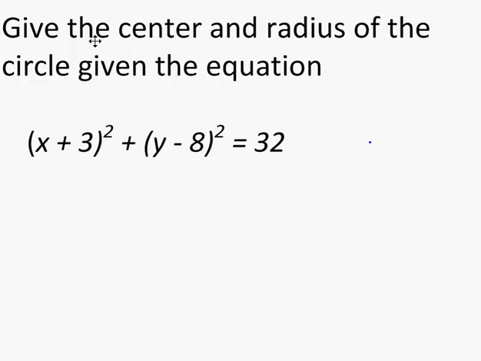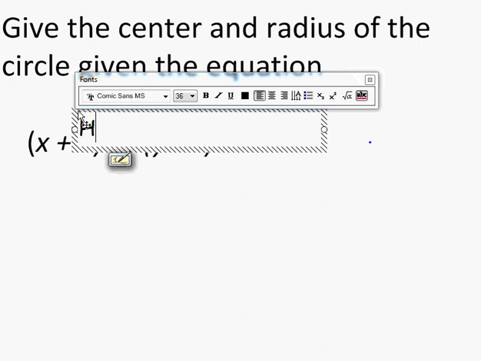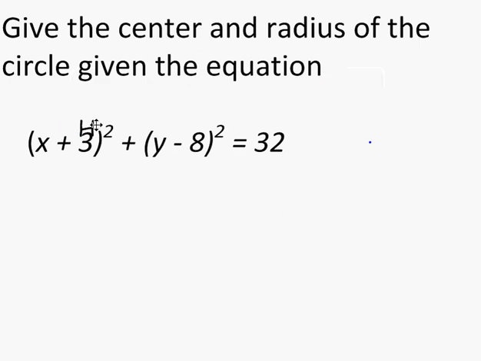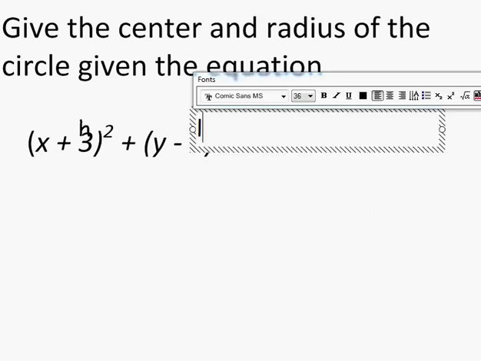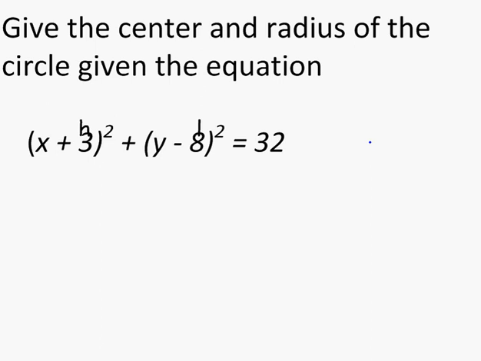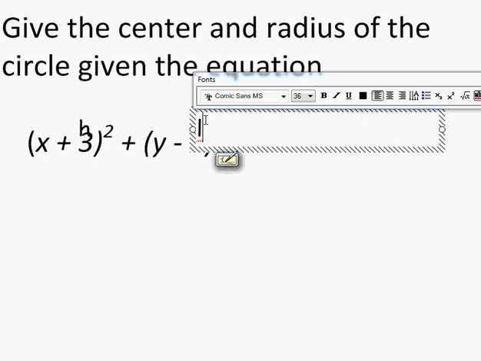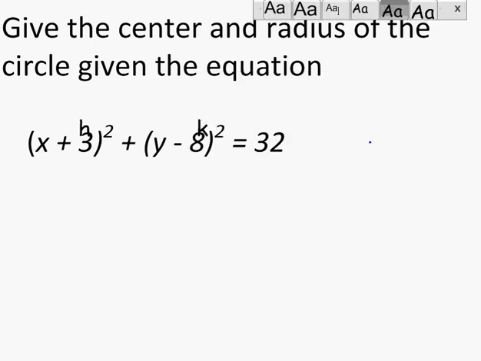Let's try another one. Give the center and radius of the circle given the equation. So change the signs of h and k. So here's h. Whoops, that should be lowercase. And here is k. Whoa, what's wrong with me? It's supposed to be a k. And here is r squared.